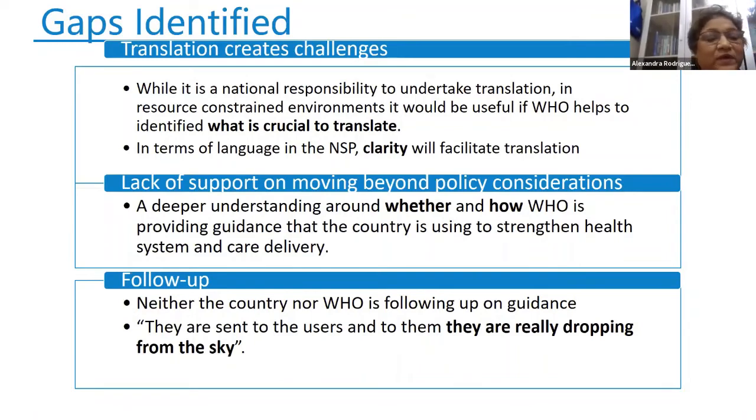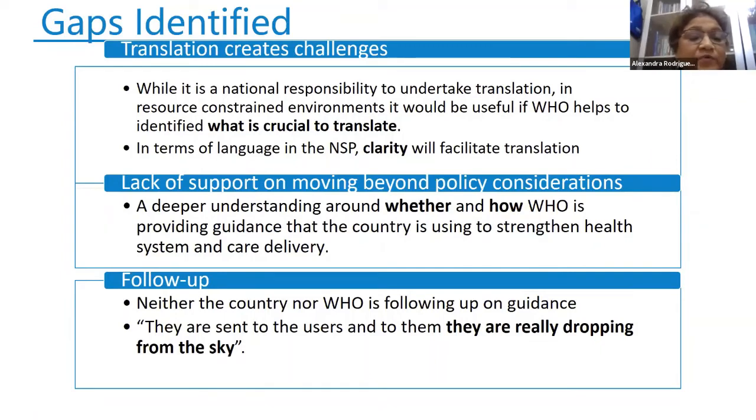In terms of language in the NSP, clarity will facilitate the translation. Sometimes we found terms which can be understood from different perspectives, in other words, can be ambiguous. Translating with more clarity in the guides will facilitate our translation.